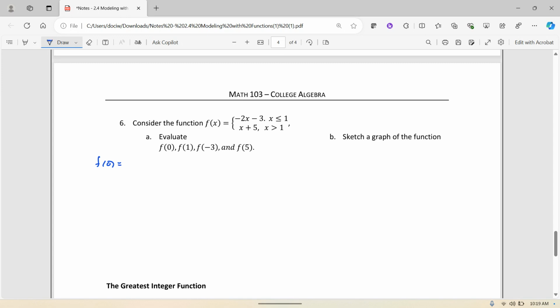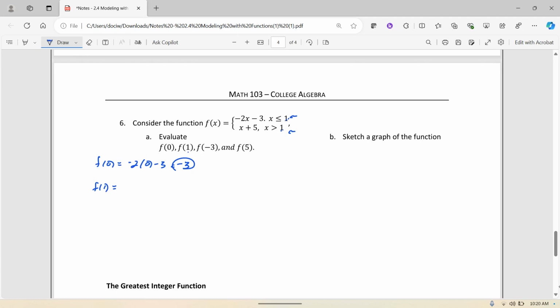To do f of 0, we say, is 0 less than 1 or greater than 1? 0 is less than 1, so we use the negative 2x minus 3. f of 0 is negative 3. f of 1, well, notice 1 is the boundary point between the two pieces.